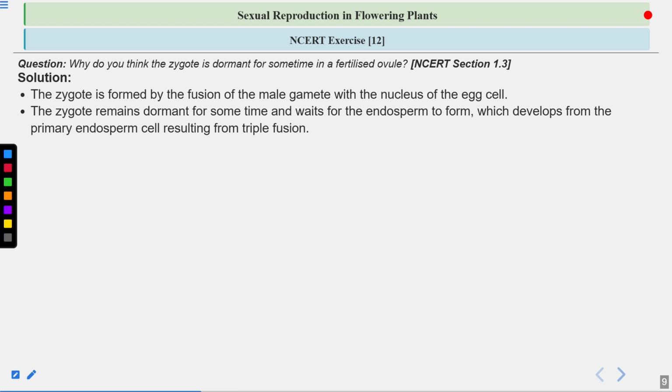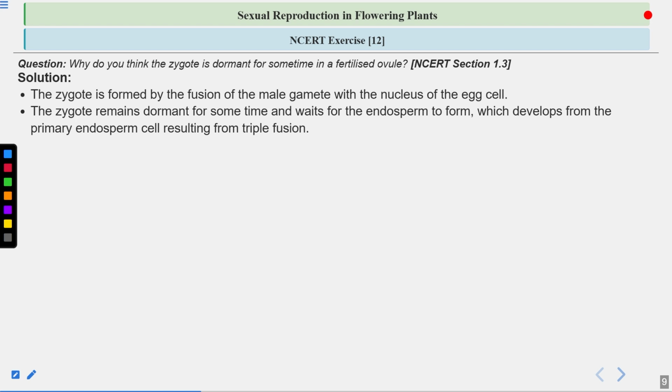The endosperm develops from the primary endosperm cell resulting from the triple fusion, that we all know. But why is this happening, that zygote formation takes place earlier and endosperm formation takes place later on, but still the endosperm forms first? It is because the developing embryo requires a lot of nourishment.